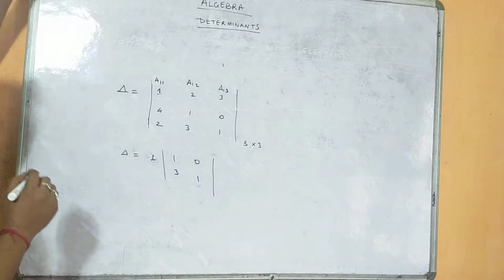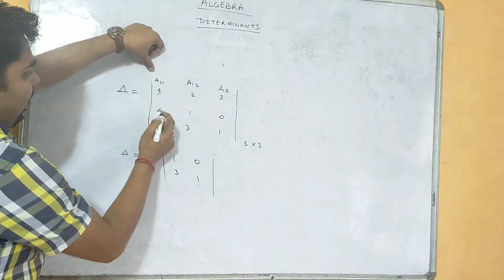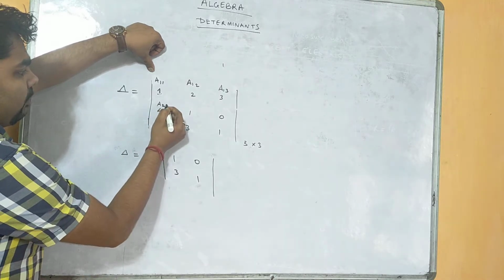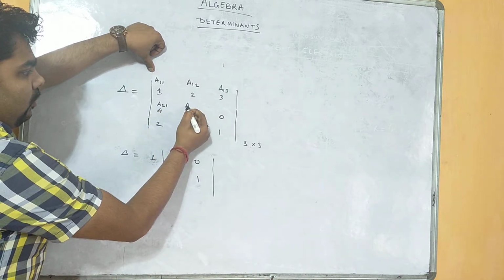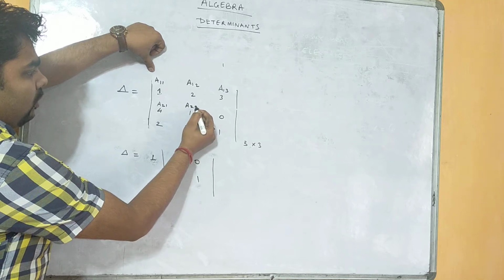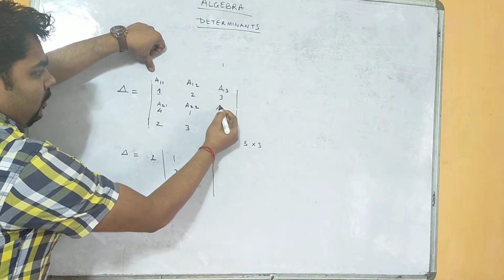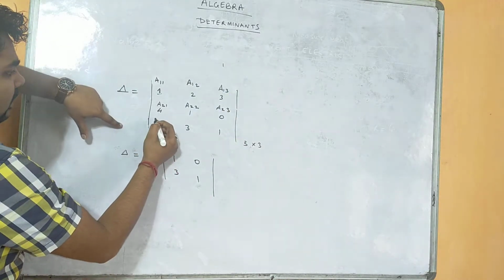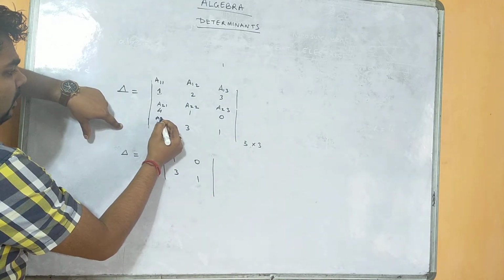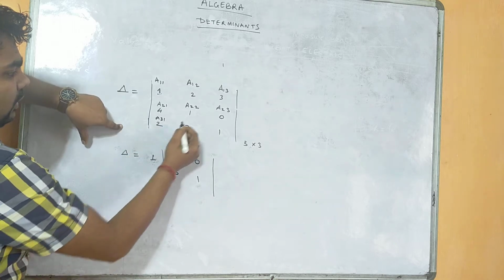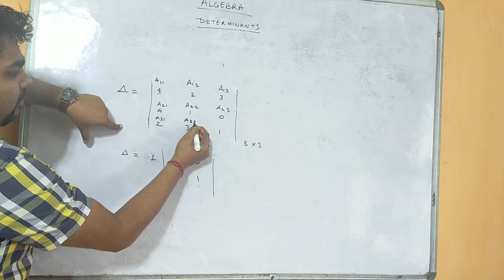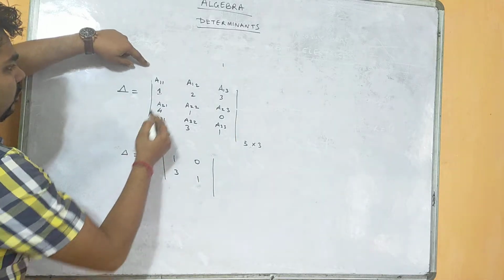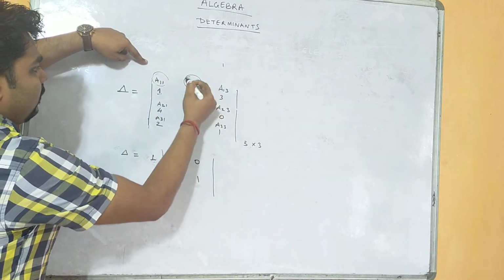Likewise, we have the positions of the others: row number 2, column number 1; row number 2, column number 2; row number 2, column number 3. Similarly, row number 3, column number 1; row number 3, column number 2; row number 3, column number 3. So these are the positions of the elements.